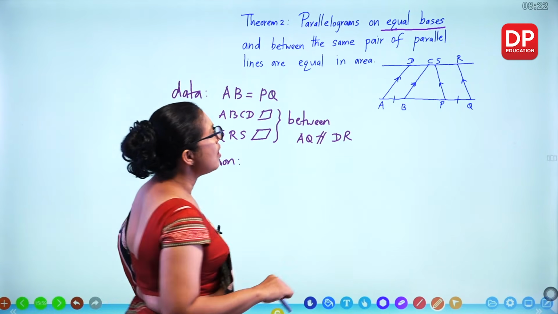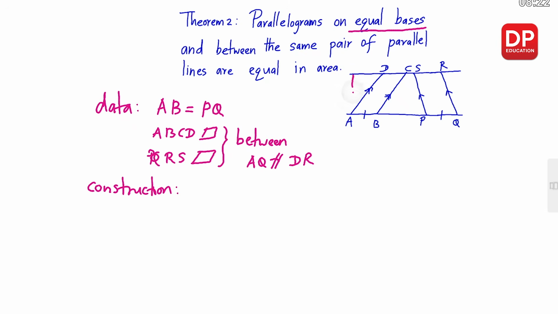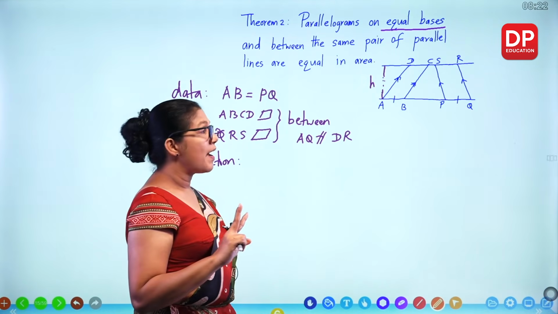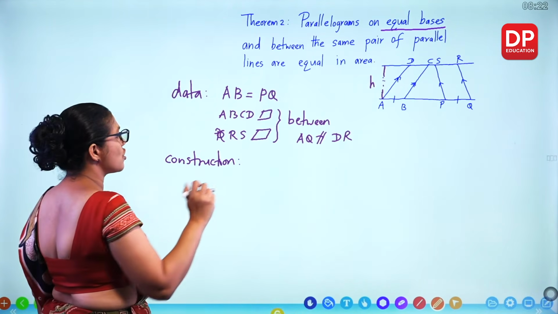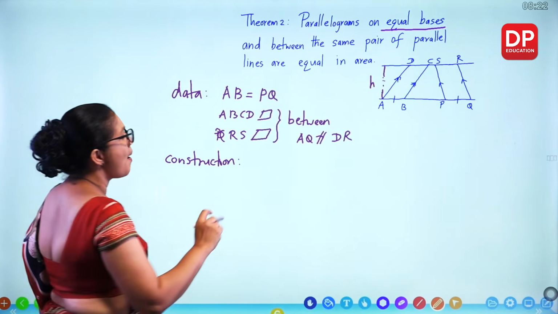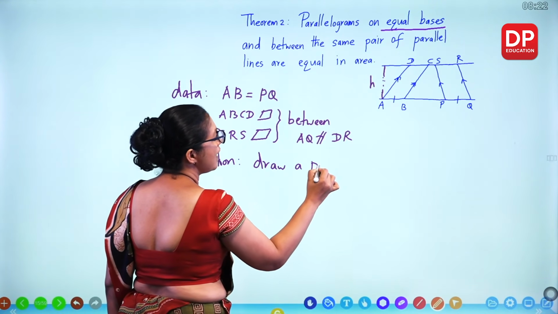I want to draw the perpendicular height to these two parallel lines as H. So the construction is draw a perpendicular line to parallel lines AQ and DR.